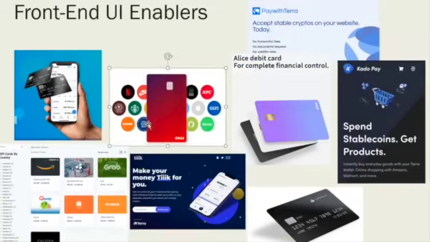So Chai is in South Korea, you use the card, you can pay for anything, like movie tickets or entertainment or food. You pay using this Chai card, but on the back end it is using Terra blockchain. So the most hype one is this Alice debit card.